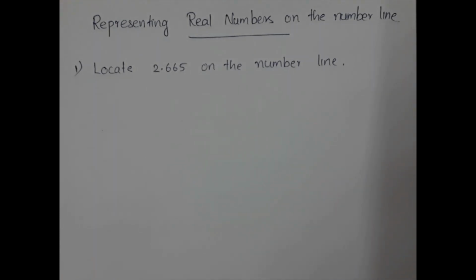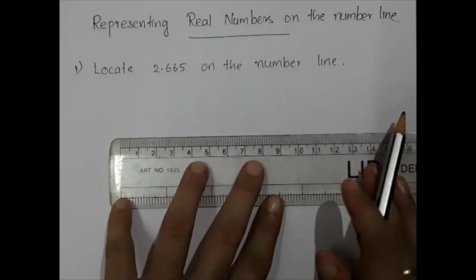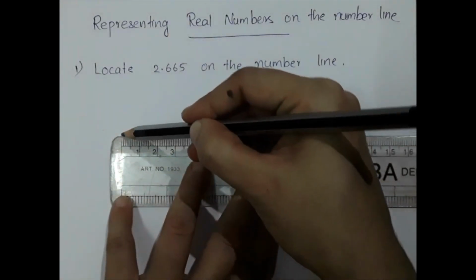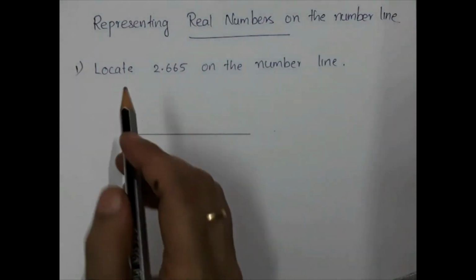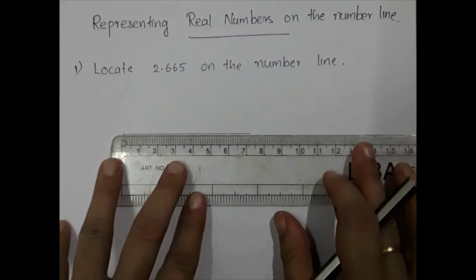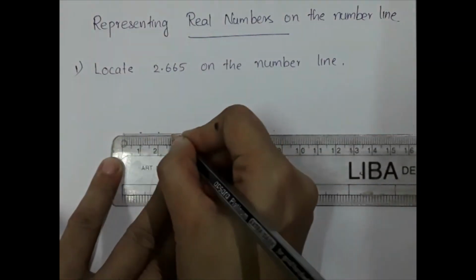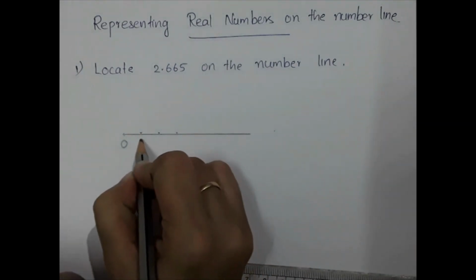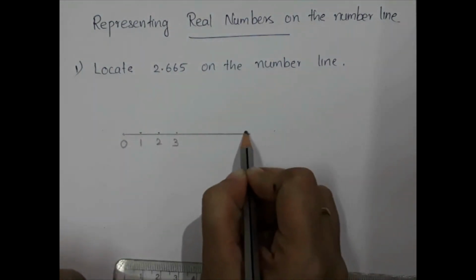Okay, this is a simple question, so you have to do it. That may be asked in the examination. So what you have to do is first draw the number line, and mark 0, then the next point is 1, next point 2, next point 3, and so on.